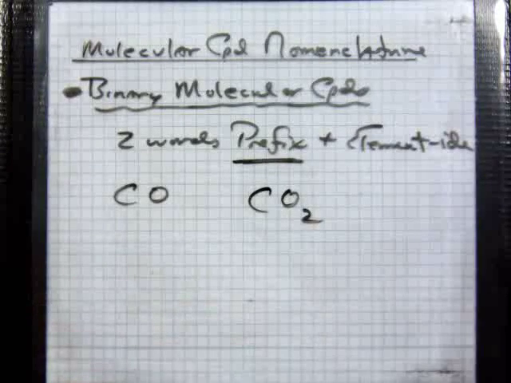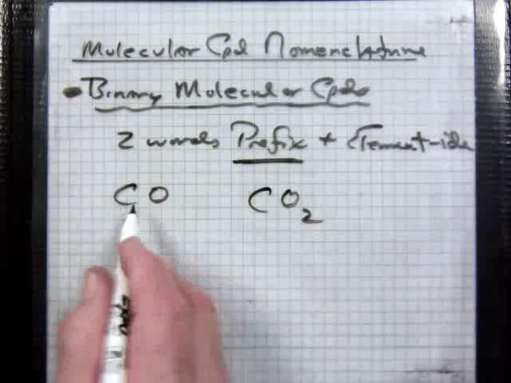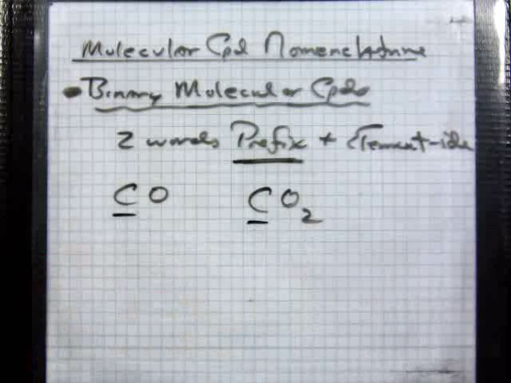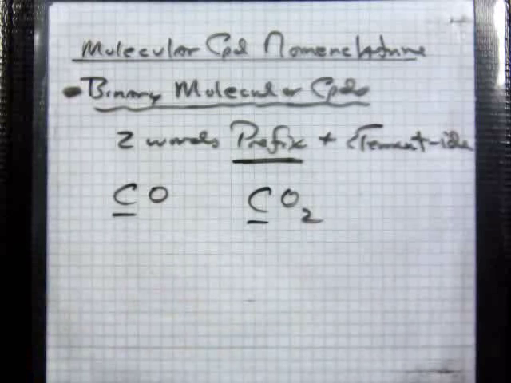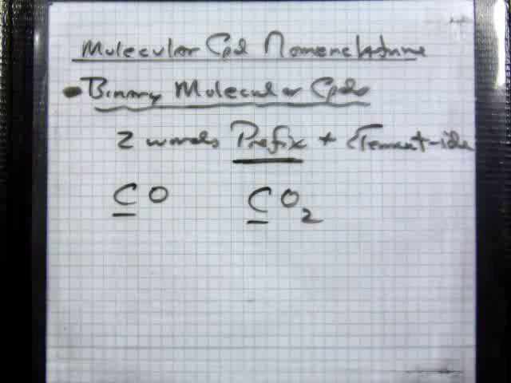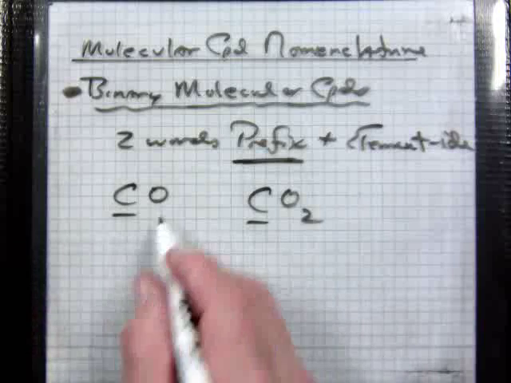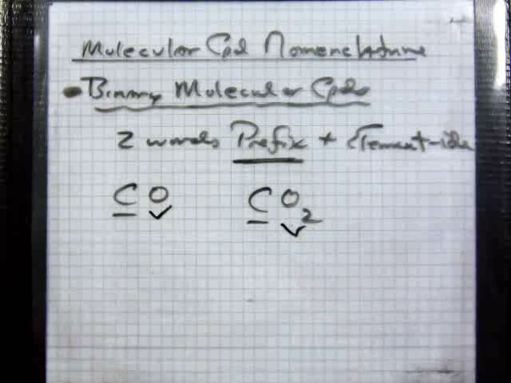The rule I'm trying to give you is if the first element in a formula is only one of them, then you just name that element followed by the second element with the IDE ending. But in the second element, you use the prefix.